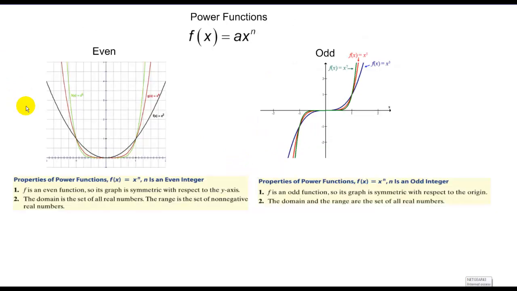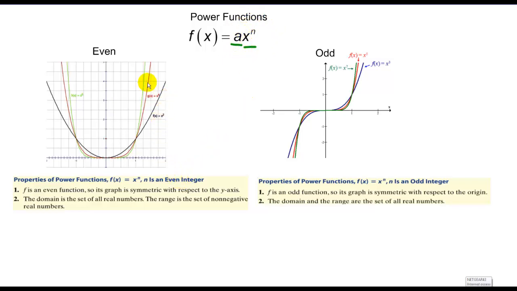Now, when we talk about polynomials, we talk about their coefficients and their exponents, and we call even polynomials polynomials that have a degree that is an even number, while an odd polynomial is a polynomial that has a degree of an odd number.